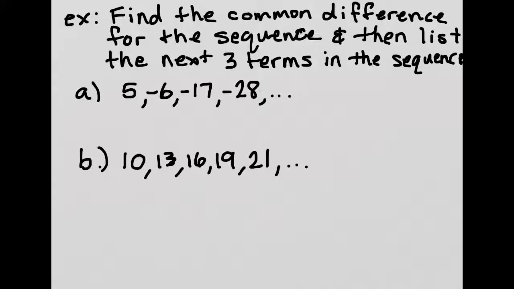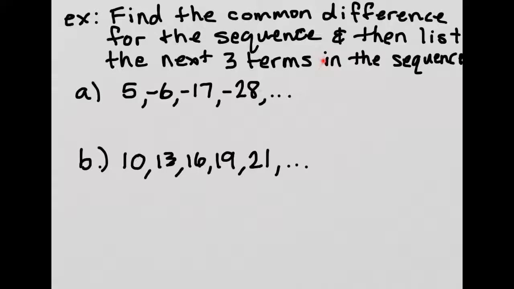Here's an example where we know that the terms are arithmetic, and we want to find the common difference and then the next 3 terms for the sequence. Again, to find the common difference, you're going to take the last number and subtract the second to last number from that.